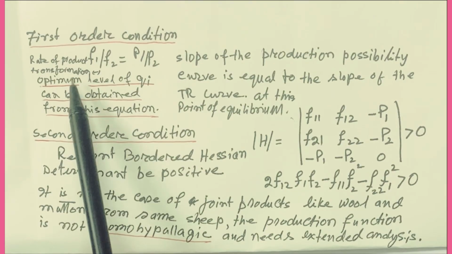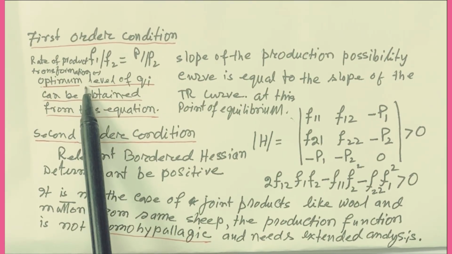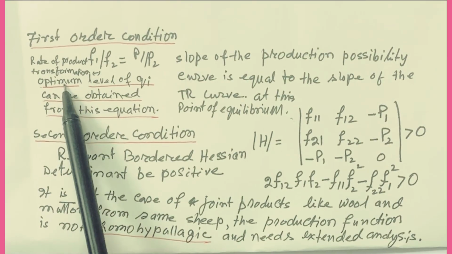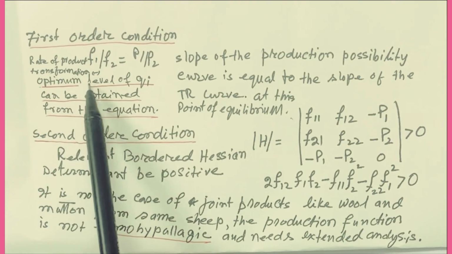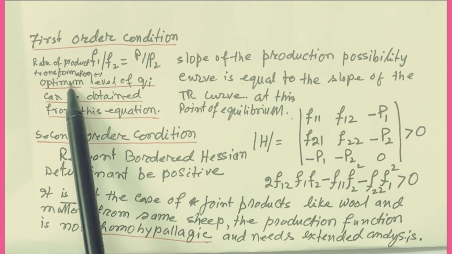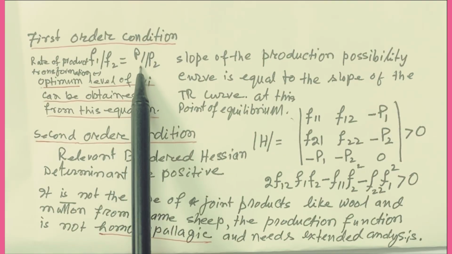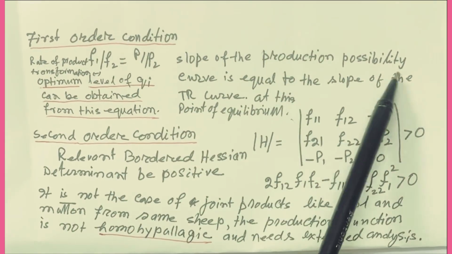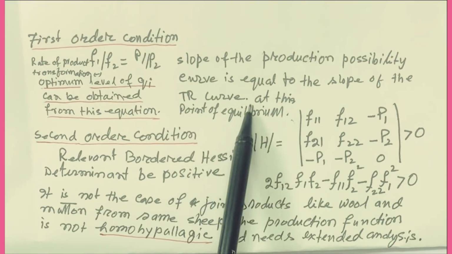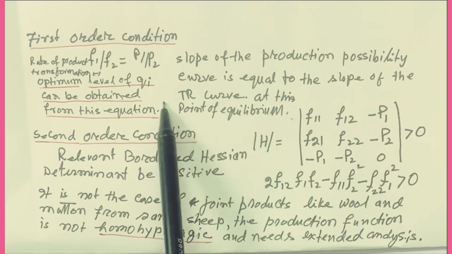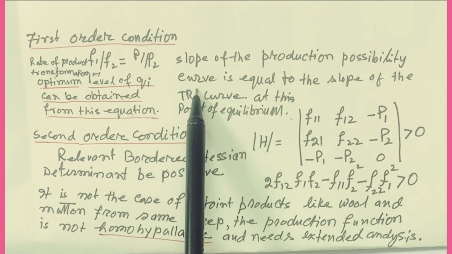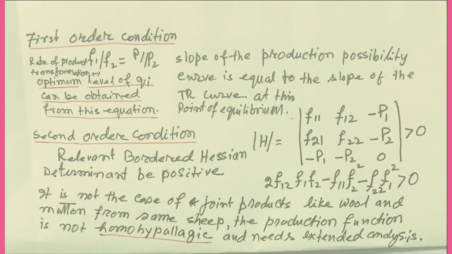So there are different names for it. So rate of product transformation is equal to price ratio. The slope of the production possibility curve is equal to the slope of the total revenue curve at this point of equilibrium. So the first order condition we have come across many times.